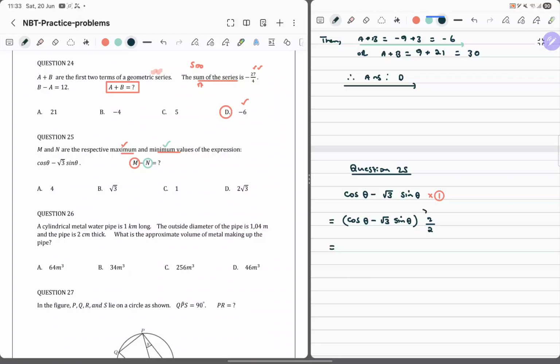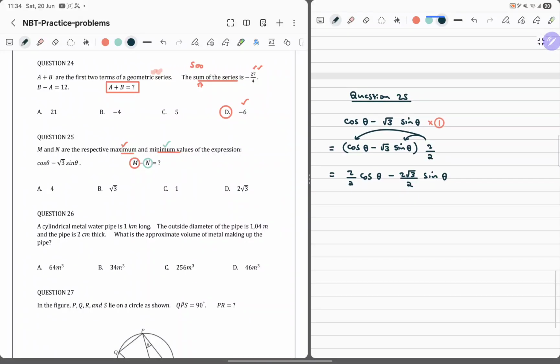The next thing, foil it out. So we end up with 2 over 2 cos theta minus 2 root 3 over 2 sine theta.